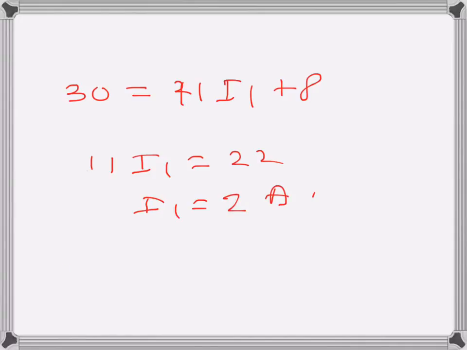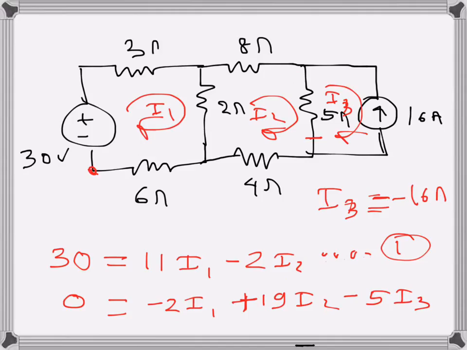Now we needed to find the power dissipated by the 2 ohm resistance. That will be, of course, I squared R. So what is the current across the 2 ohm resistance? The direction doesn't matter, but we actually know the direction now, because I1 is positive, and I2 is negative, so it will be in the other direction.